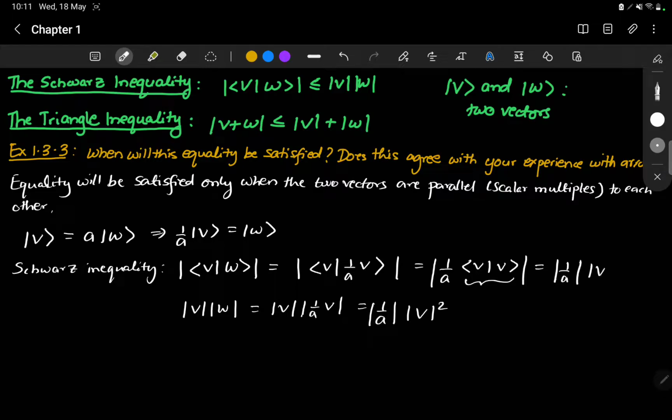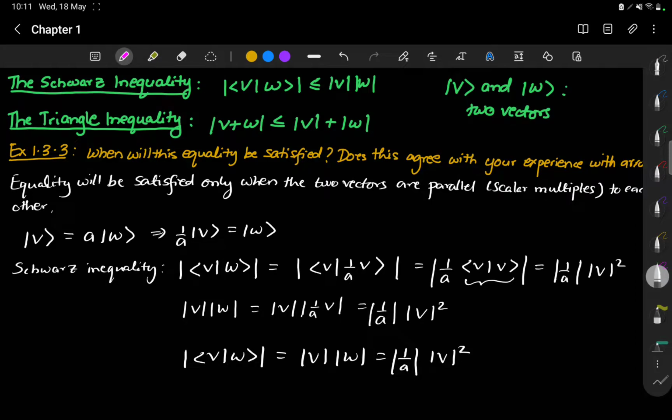So we see clearly that this equality is being satisfied for this particular case when the two vectors are parallel or scalar multiples of each other. So this is for the Schwarz inequality.